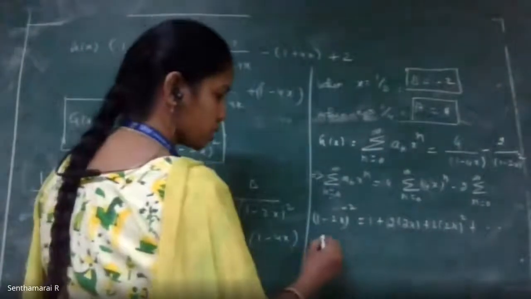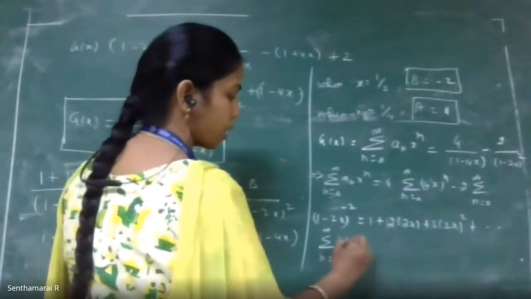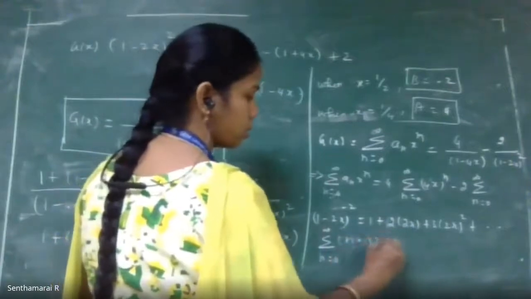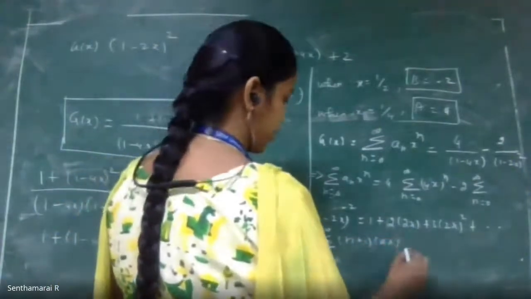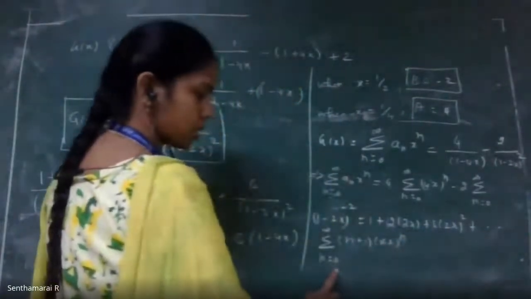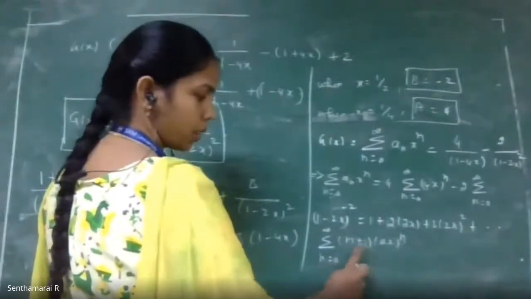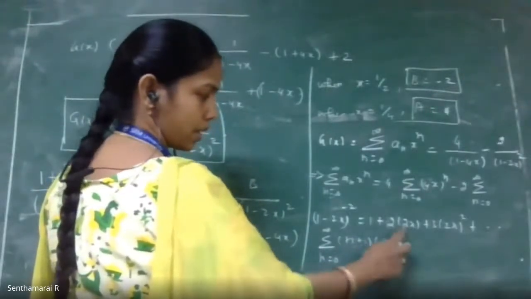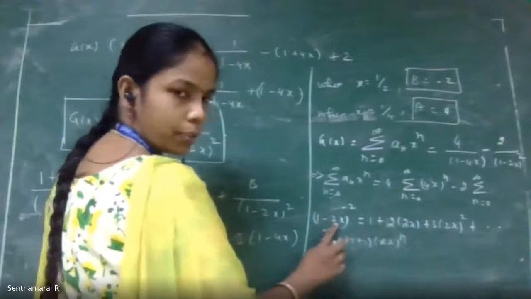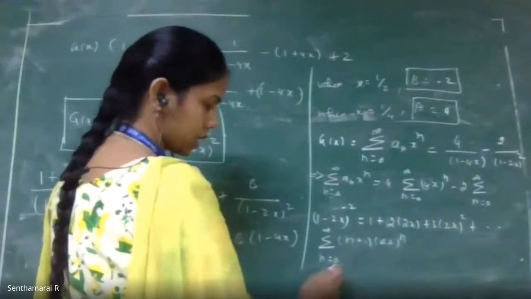So when you wish to write it in summation, n equal to 0 to infinity, n plus 1 into ax to the power n. Now you write n equal to 0, 1, it comes. When n equal to 1, 1 plus 1, 2 into ax. A is here in our problem, it is 2 particularly. Otherwise, I can write it for general A.